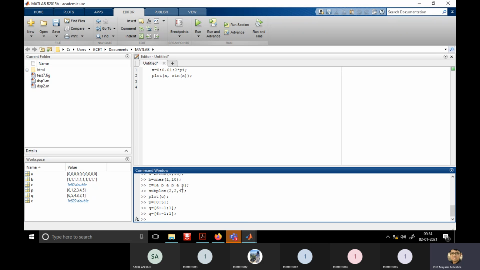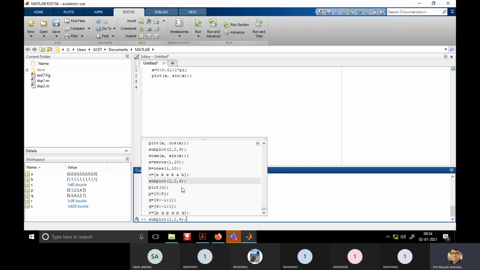So now if I plot this value, consider r is equal to p comma q, p comma q. Bracket is complete. So it will generate the r values which have 36, and before we plot it, just go with a subplot.